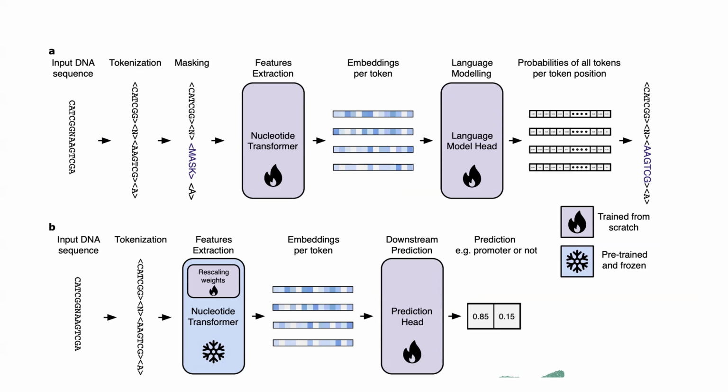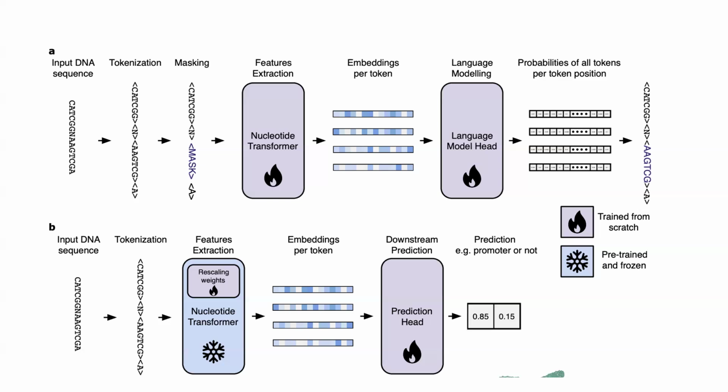nucleotides. And then once the model is pre-trained at that prediction task, we can take the same model and freeze most of the parameters in it, and then take the embeddings that come out of that initial model and put them into a new network that's designed to perform some sort of prediction.